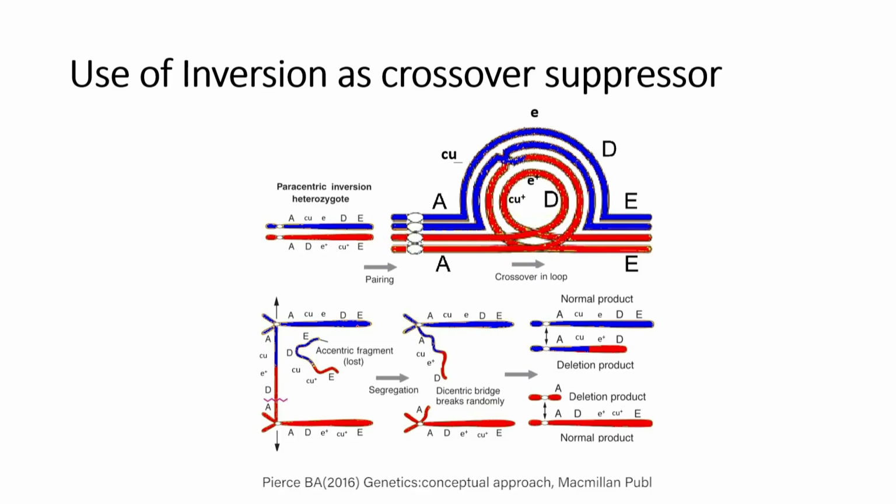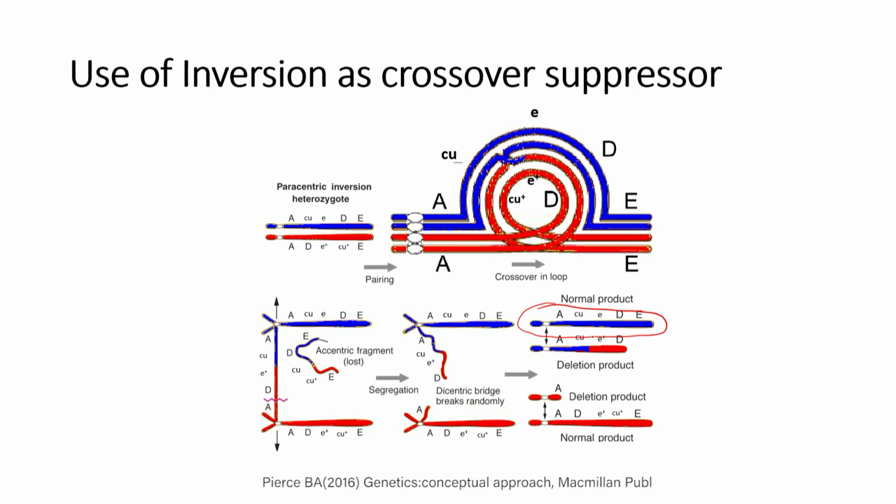After pairing, again we come back, you can see here A, Cu, E, then D. So this is the normal condition as it was here. This is here A, D, then E plus, Cu plus, E. So this is again the parental type. In between you have A, Cu, E plus, D, and if it is broken here, and this forms a gamete, this is the normal gamete.